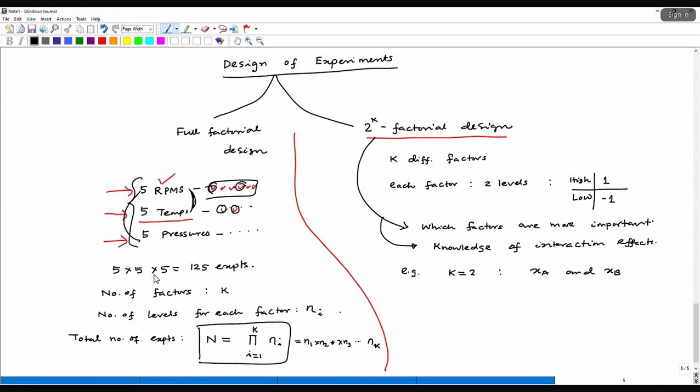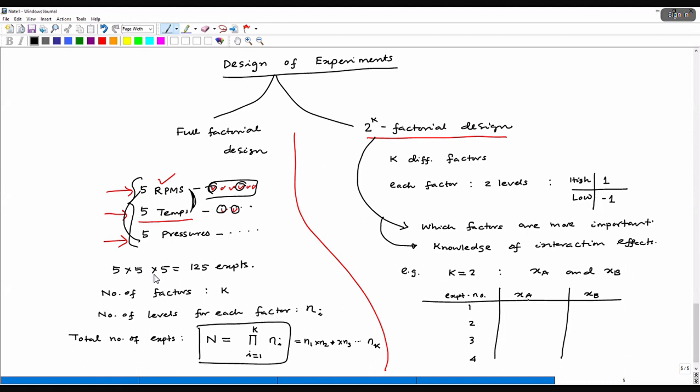So if you take a full factorial design, you designate the experiment number and xa, xb, 1, 2, 3, 4.